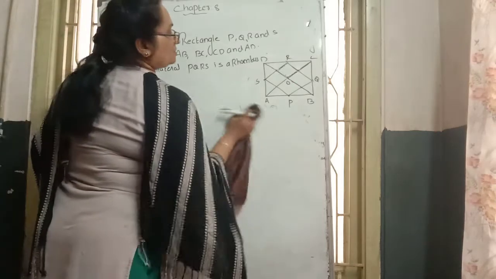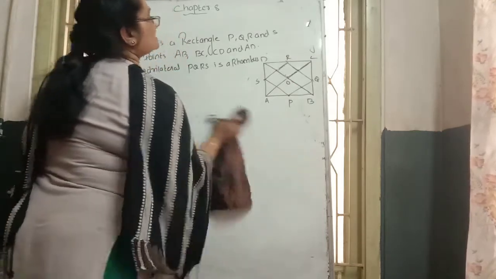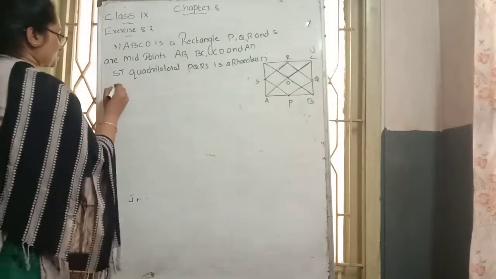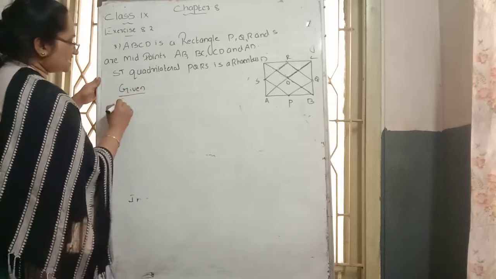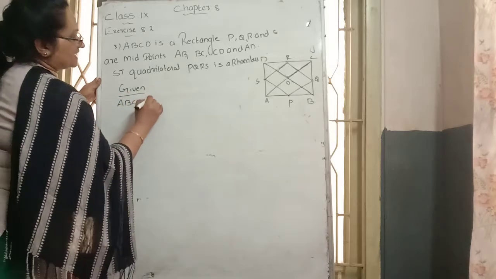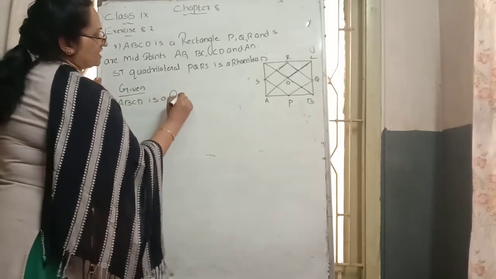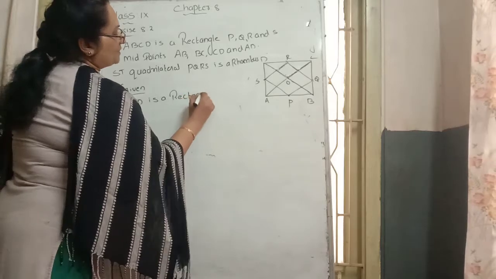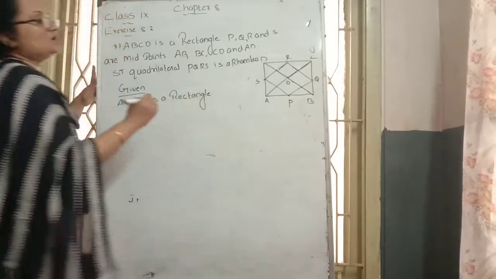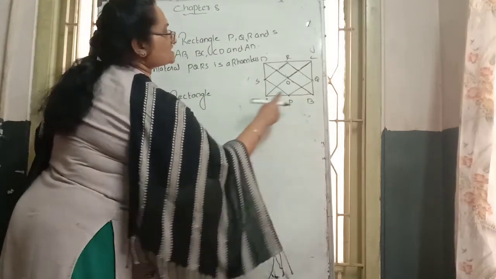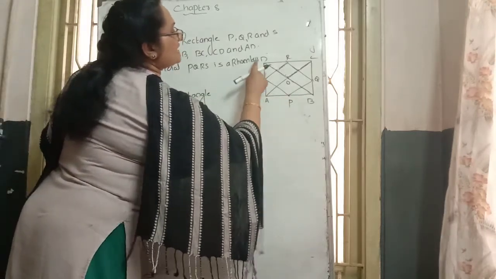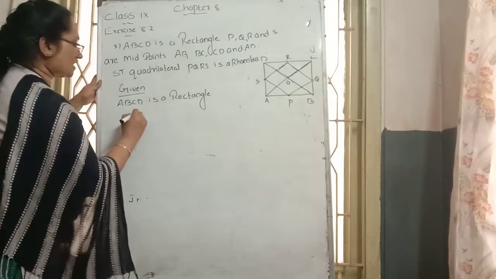So here also, in the proof, first we write the given. What information is given? It is given that ABCD is a rectangle. What are the properties of a rectangle? In a rectangle, opposite sides are equal. Which are the opposite sides? AB and CD are equal.